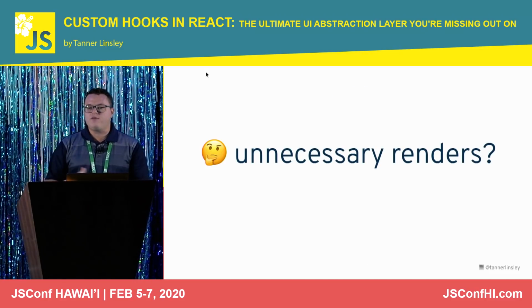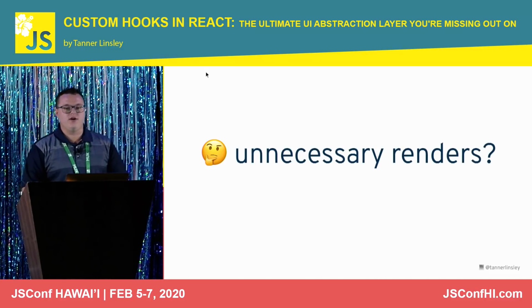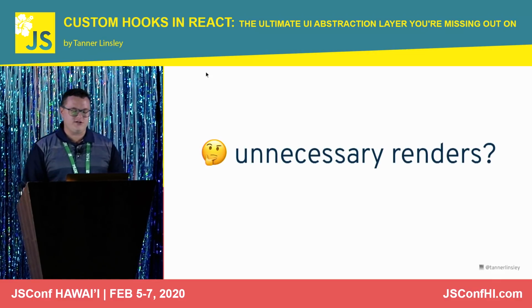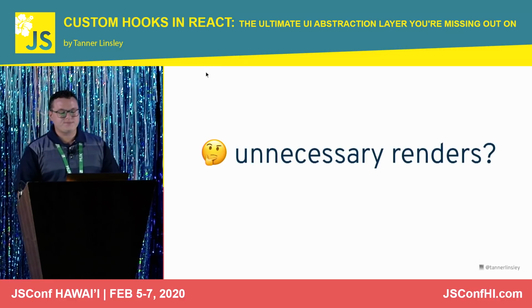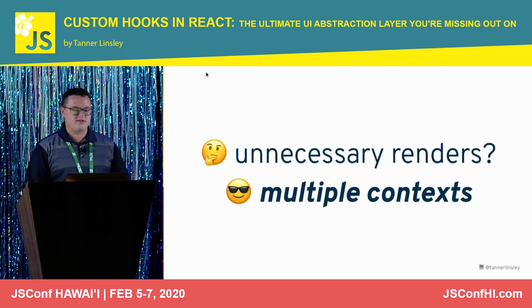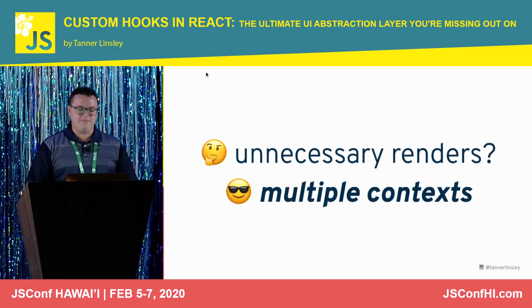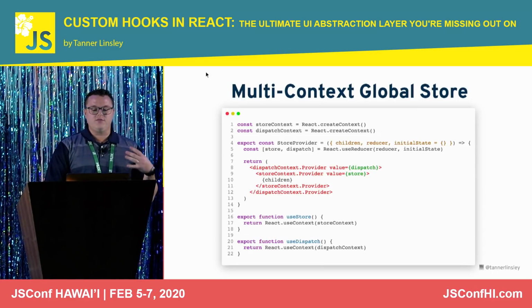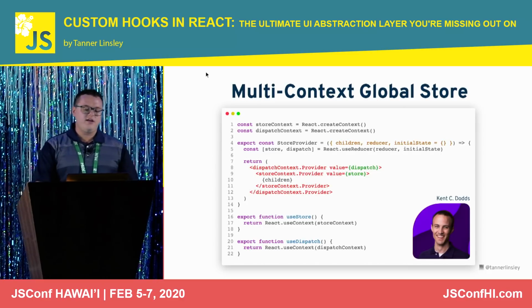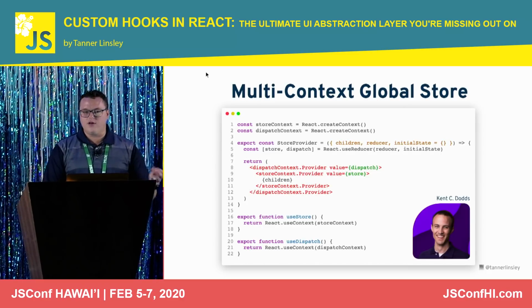But at the end of the day, it might bring up questions about unnecessary renders. I'm re-rendering every component in my app every single time that the state changes, even if I'm only dispatching. Well, it turns out we can use a concept called multiple contexts to aid this a little bit. A multi-context global store was first introduced to me by my friend Kent C. Dodds, and he's made it popular through a couple of blog posts, which are just fantastic.